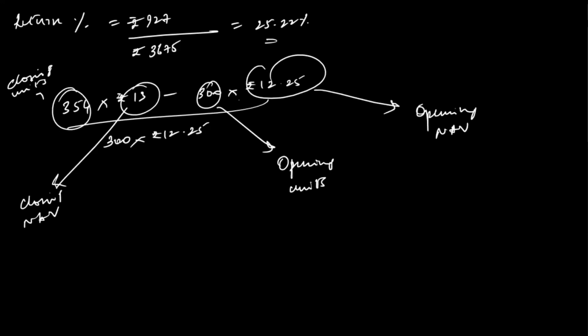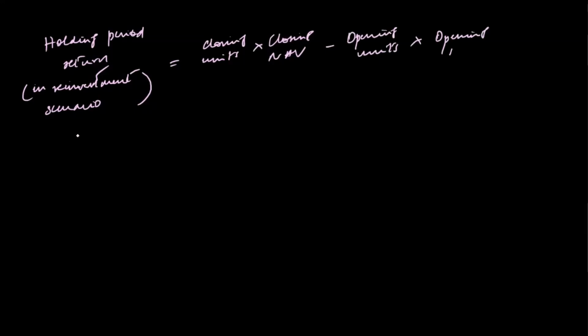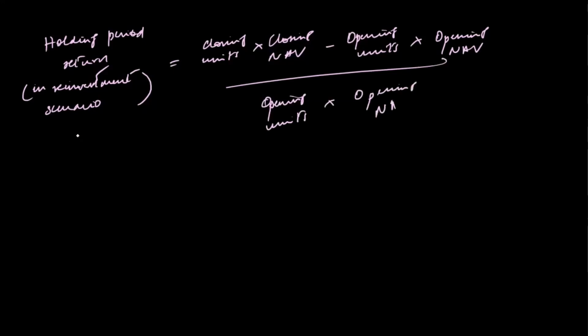So what is the formula that needs to be used to find out the return generated? It is holding period return in reinvestment scenario is closing units into closing NAV minus opening units into opening NAV divided by opening units into opening NAV.